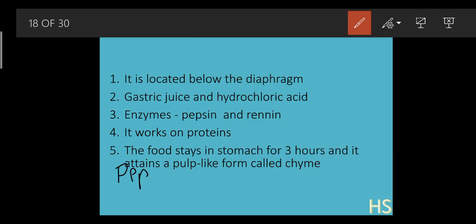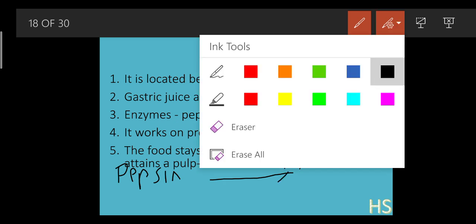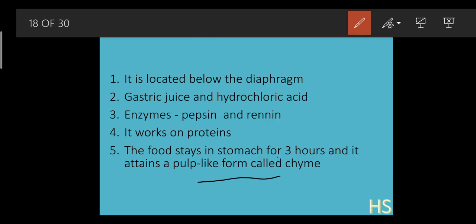Now we got our activated form, that is the pepsin, and pepsin will try to break the proteins.